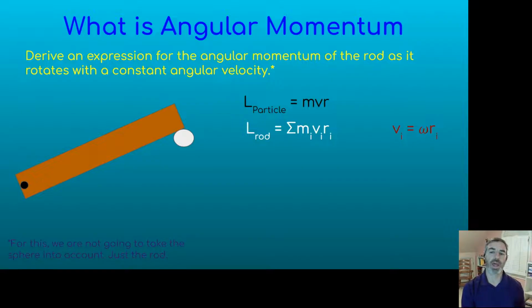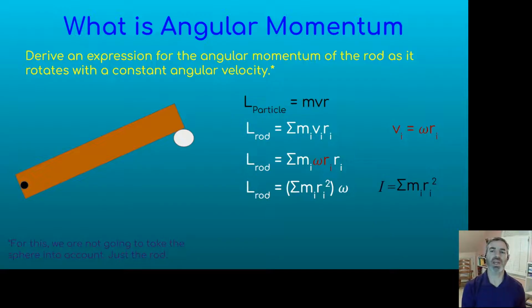So we can substitute that in for the individual velocities and clean up the equation. We sum the values of the individual masses and radii and multiply by the constant angular velocity, and we get the sum of m_i r_i squared times omega. Well, we've seen this term, the sum of m_i r_i squared, before, and that term is the rotational inertia.